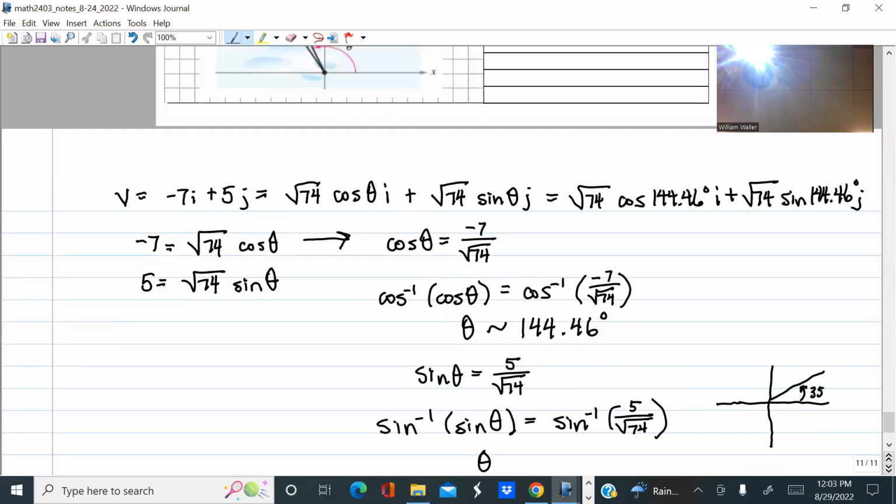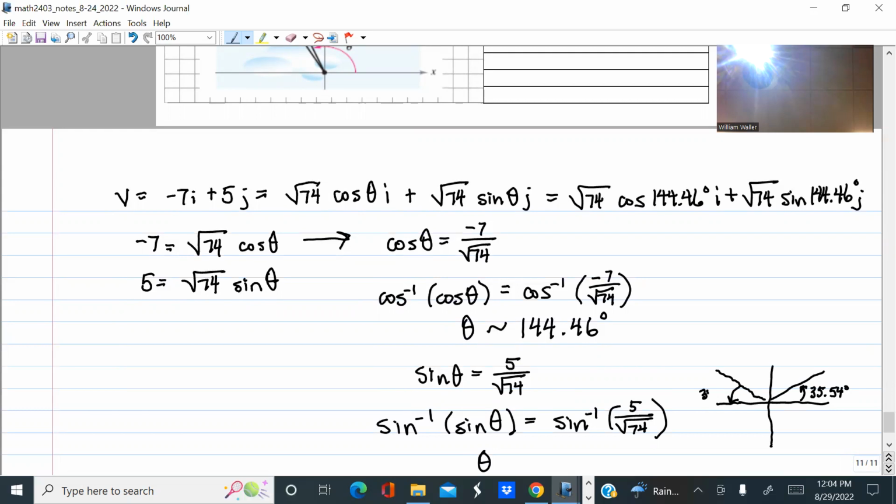But you know the correct direction is really in the second quadrant. What do these two angles have in common? Well, you're looking for the angle in the second quadrant whose reference angle is 35.54.